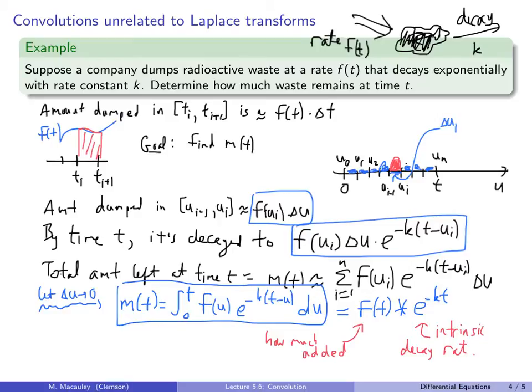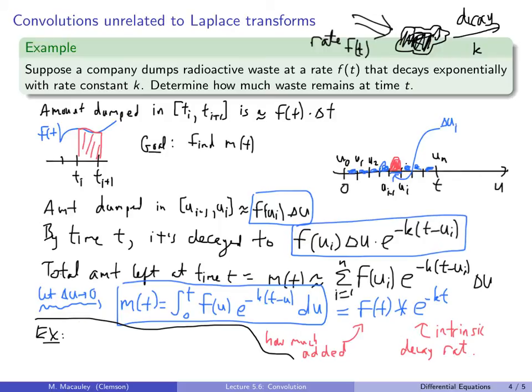So this works in general. If you have something that is being added to at some rate and decays at some other rate, then this convolution gives us a formula for how much there is at time t. Let me just say a few examples. Suppose that instead of dumping uranium, we were to just dump garbage. That doesn't decay, so the decay rate is k equals 0.